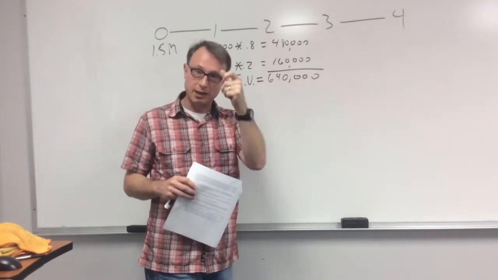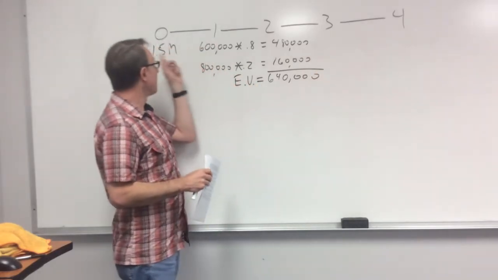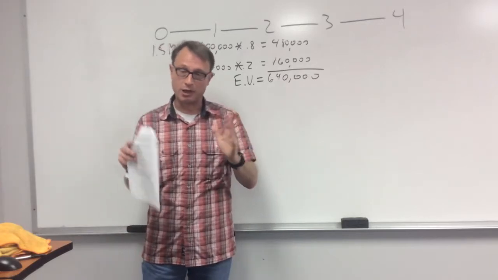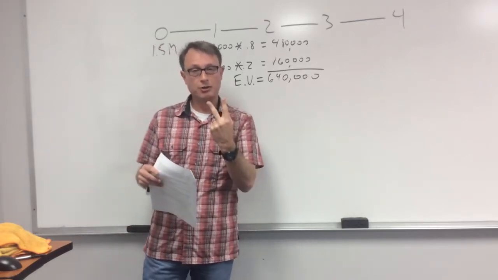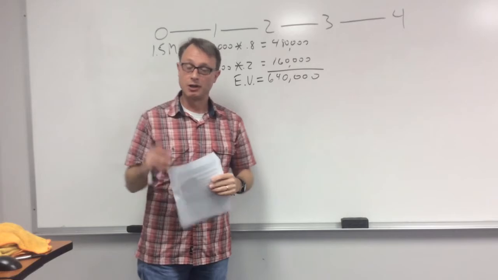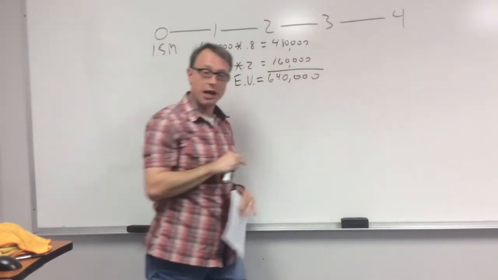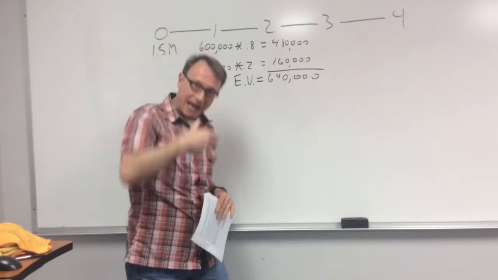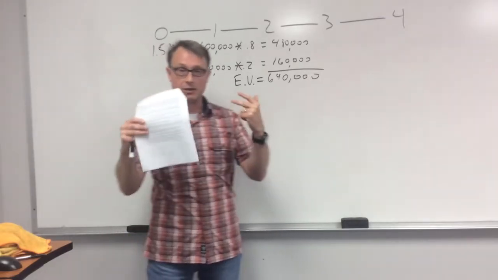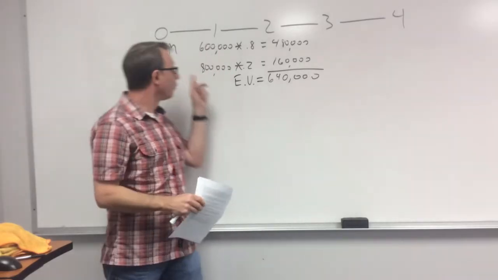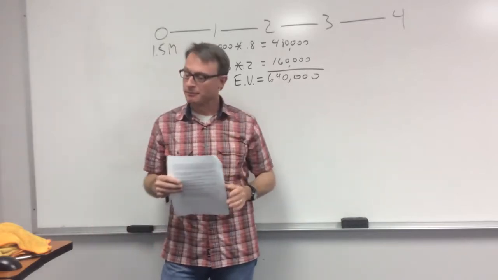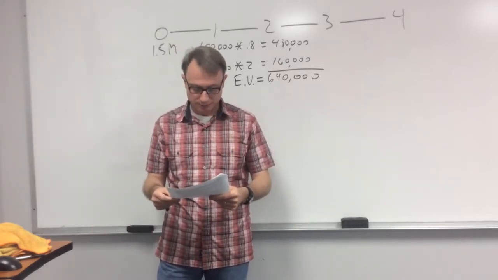You will not enter that signing bonus as part of that formula. So essentially you want to work this as a 2-step process. Step number 1 is you will find the present value of the future cash flows and then add 1.5 million to that. Again, 1.5 million is already in present value terms.